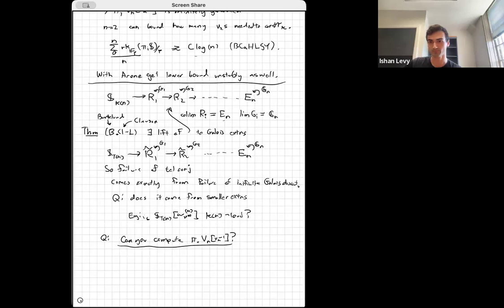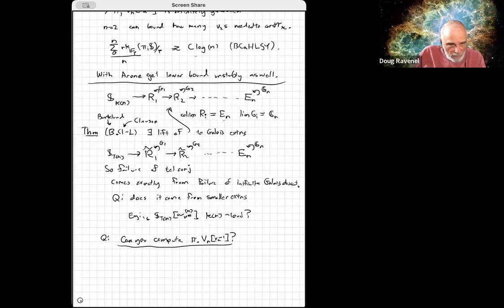Now, do I understand it correctly that if you have a finite cyclotomic extension of either SKN or STN, you can identify that as a localization of an appropriate Eilenberg-MacLane space? Yeah.